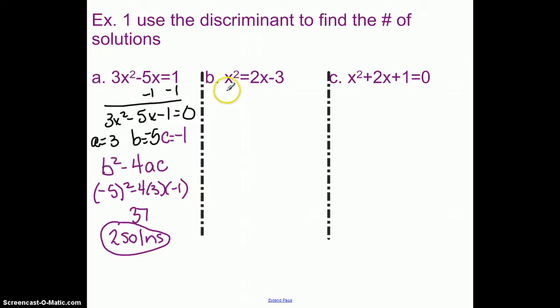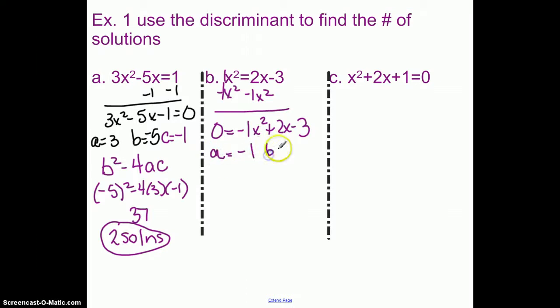Now, in this one, I want to get 0 to happen. So I'm going to subtract 1x squared from both sides, because I just want to get 0. Again, making sure when I put it together that it's in standard form. But A is -1, B is 2, and C is -3.